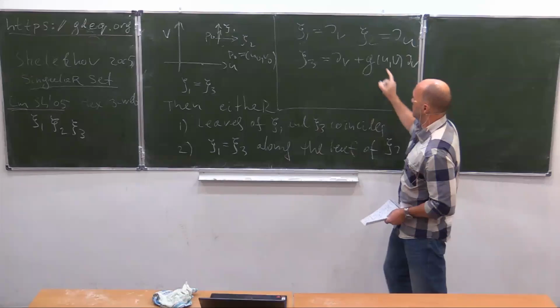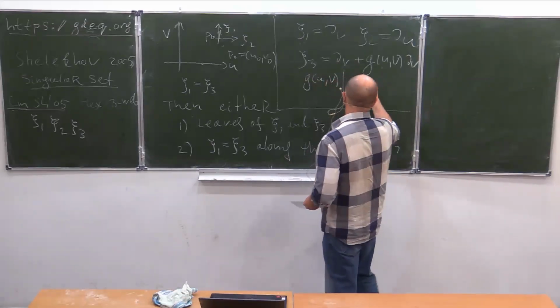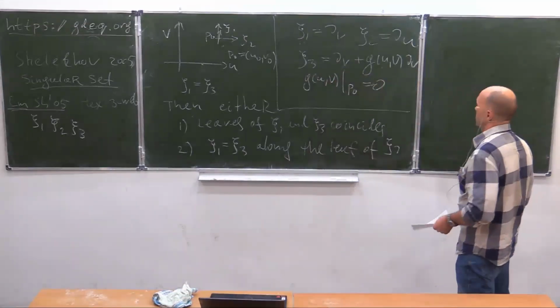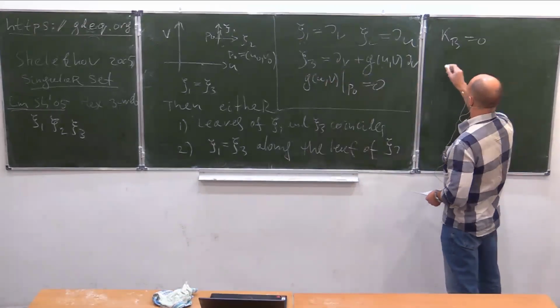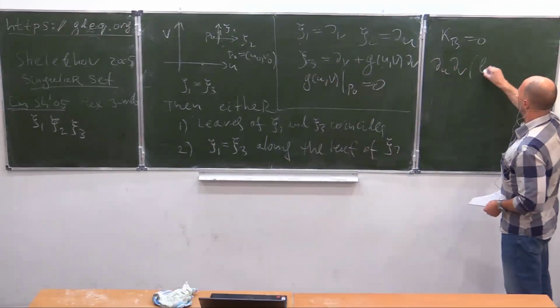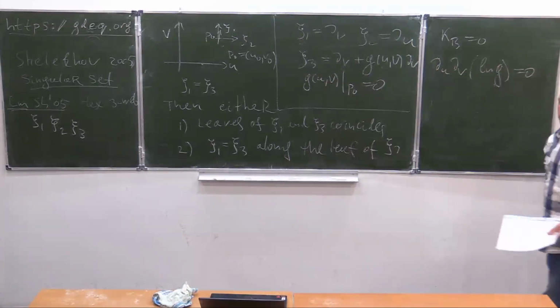And this function at P0 vanishes. Just one point, right? But you have a condition of hexagonality. So the Blaschke curvature being 0 is equivalent to the following derivative being 0.